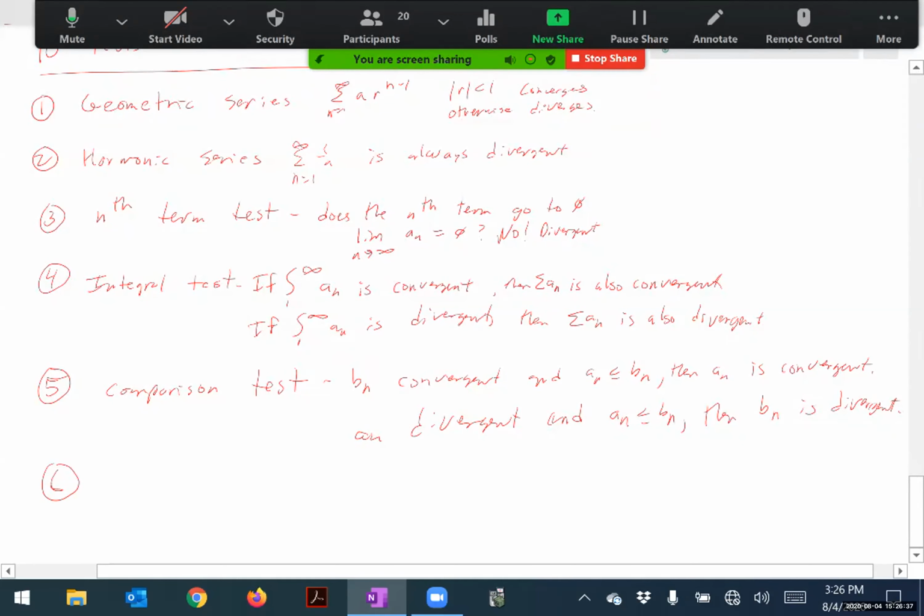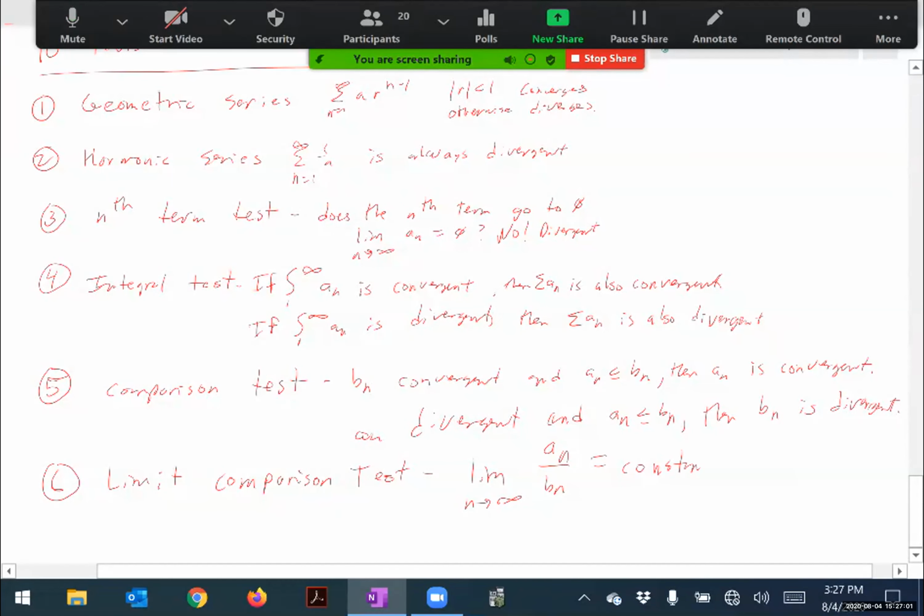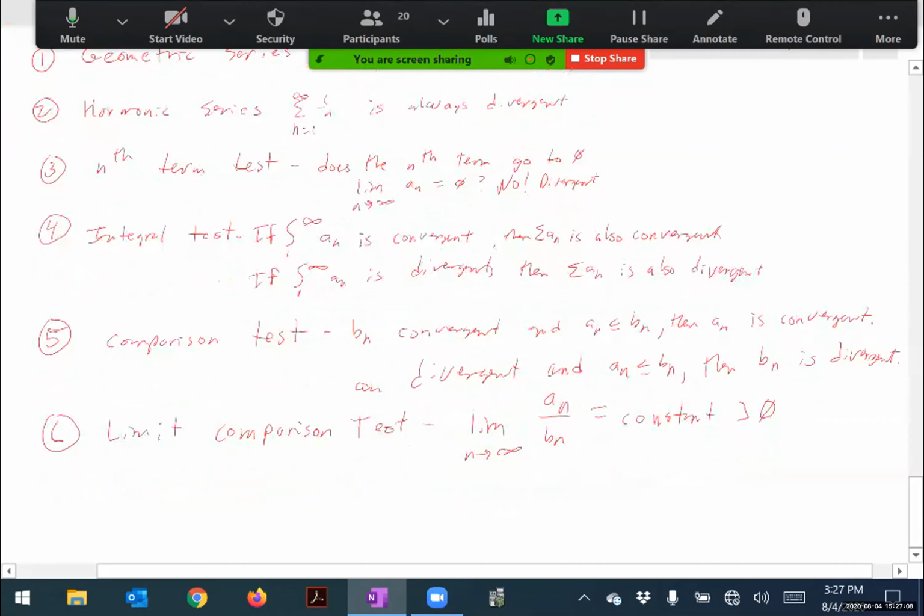Okay, number 6. Limit comparison test. Okay, if the limit as n goes to infinity of A sub n over B sub n is equal to a constant greater than 0, then both converge or both diverge.